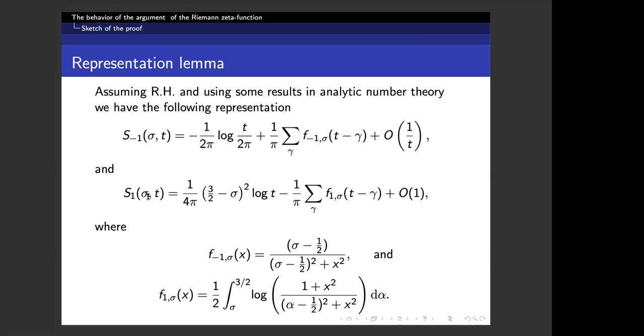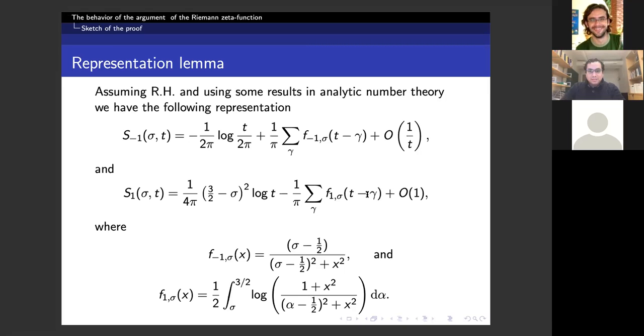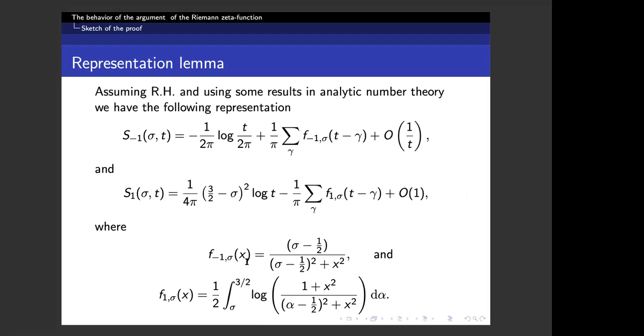For S1, we can use another representation in this form. Again, this special sum over the ordinates of the zeros of zeta, of the function f evaluated at t minus gamma, and this function f1 sigma is defined in this form.